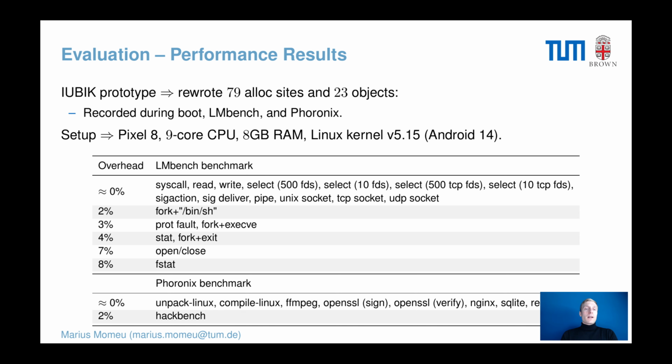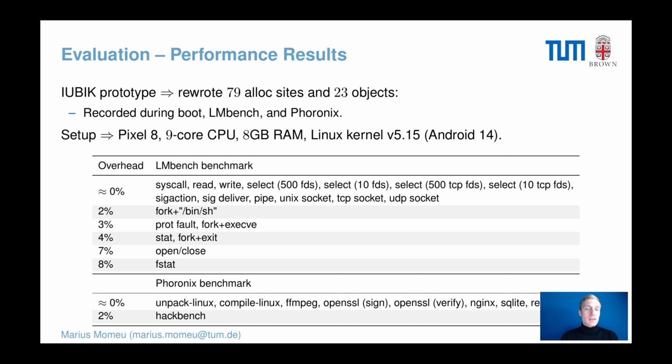Furthermore, we've evaluated UBK's performance by developing a prototype where we rewrote 79 alloc sites and 23 objects that were recorded by the User Copy Profiler during boot, LMBench, and Phoronix. And we've deployed these performance benchmarks on a Pixel 8 that has support for MTE.